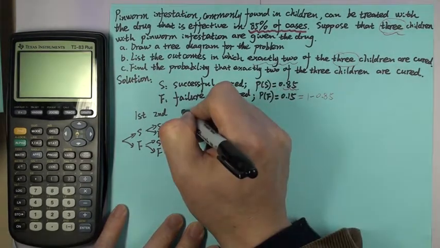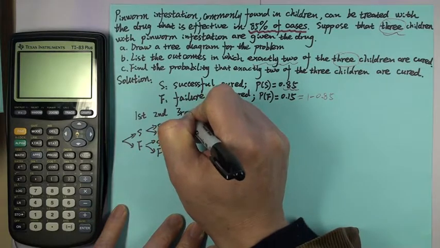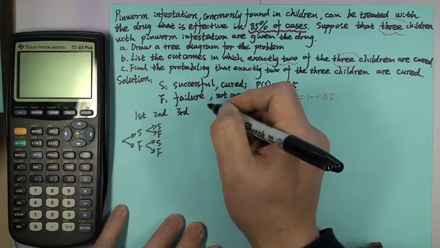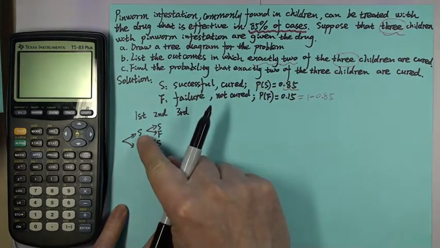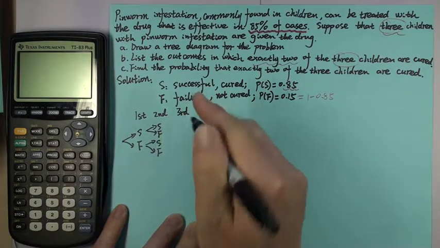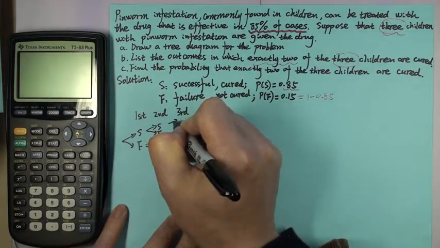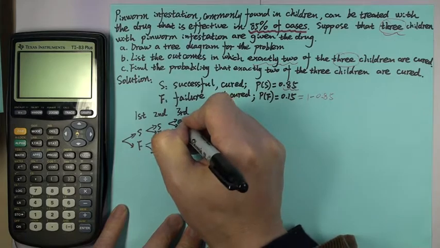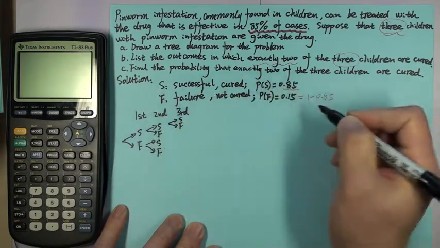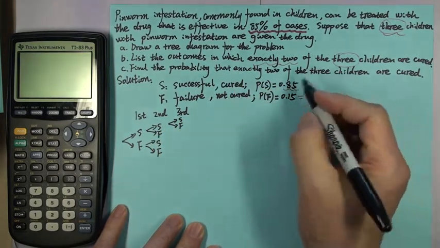Now, how about the third child? If the first one and second one are cured, the third one still has 2 possibilities, S and F, cured or not cured.